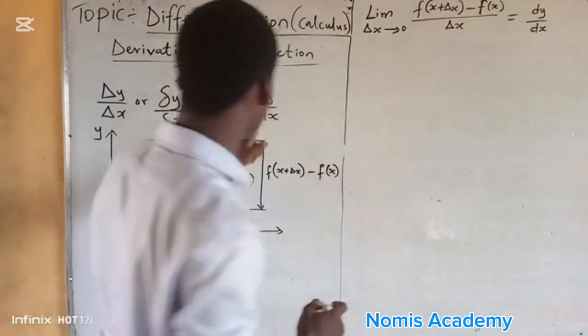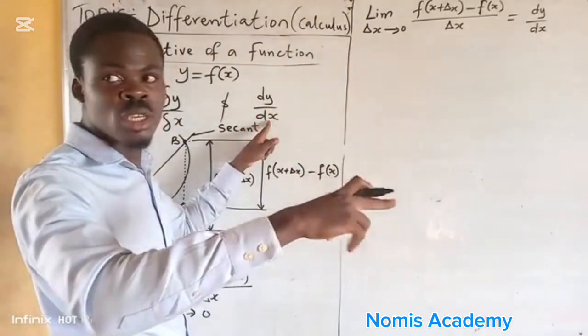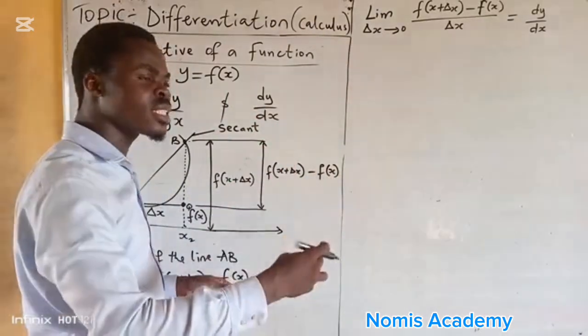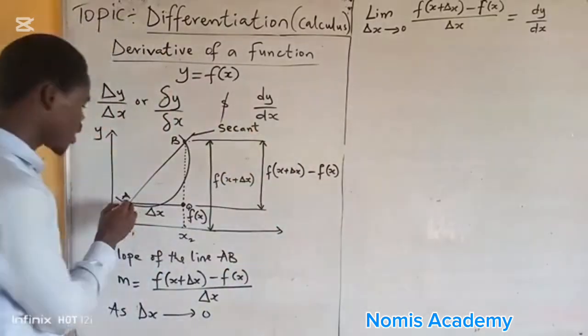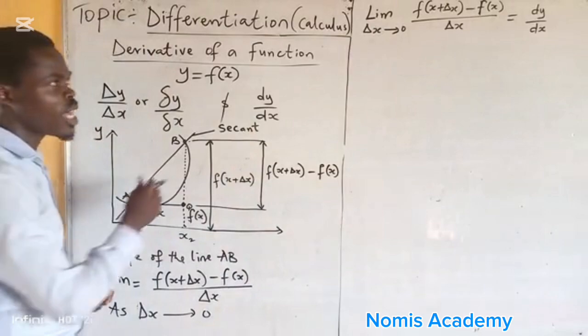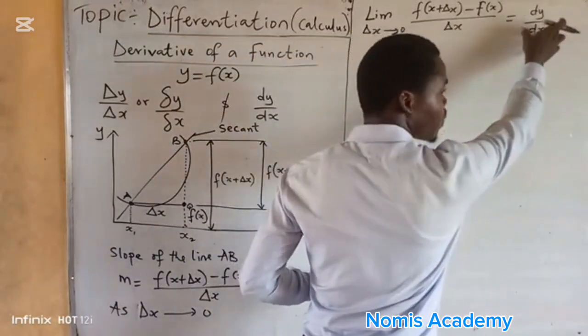So remember I said dy dx is the slope of the tangent line, which is taken as the slope of the curve at the point A. So that is how we are able to get the derivative of a function.